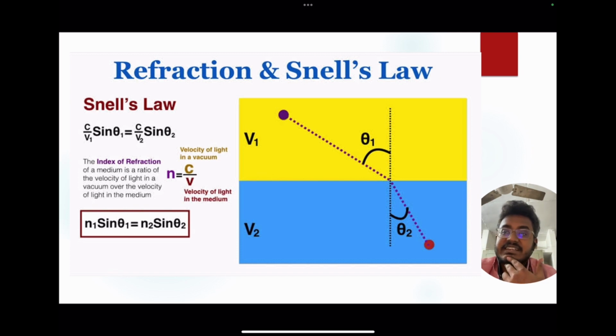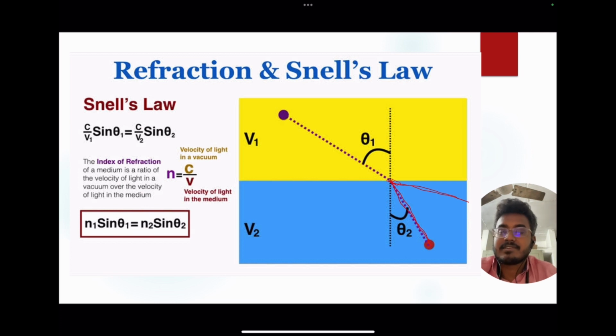If its velocity increases, then it moves away from the normal, and if its velocity decreases, then it moves towards the normal. Another way you can understand this is that if its velocity increases, then it takes a path which is longer, and if its velocity decreases, then it takes a path which is shorter than the previous one.